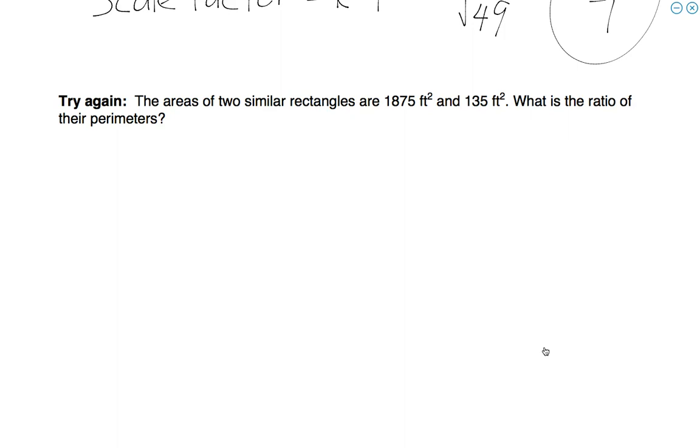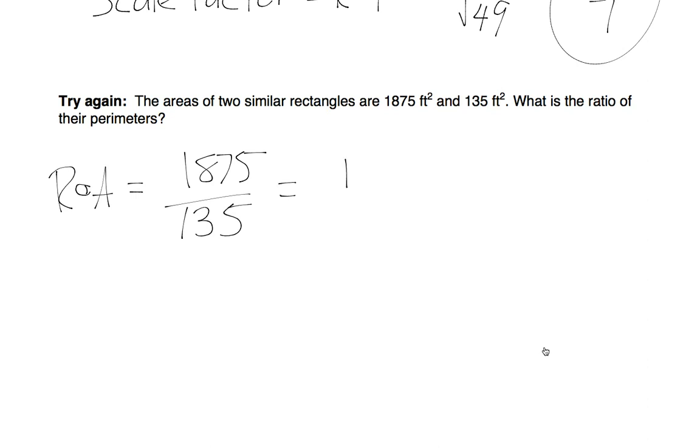But watch what happens in this next one. If the ratio of the areas equals 1875 over 135, that comes down to 125 over 9.